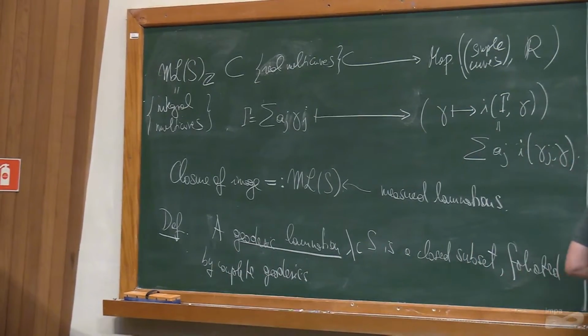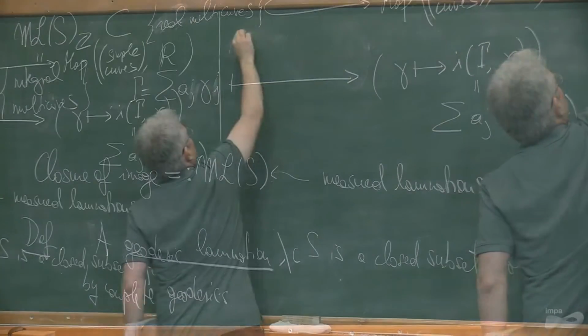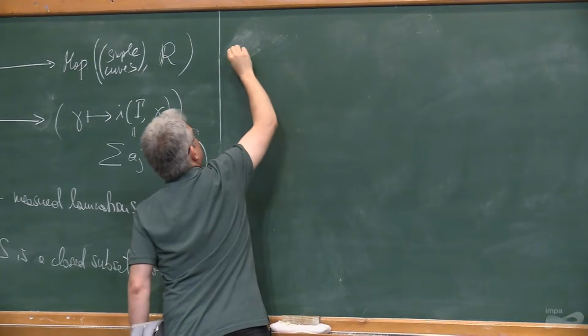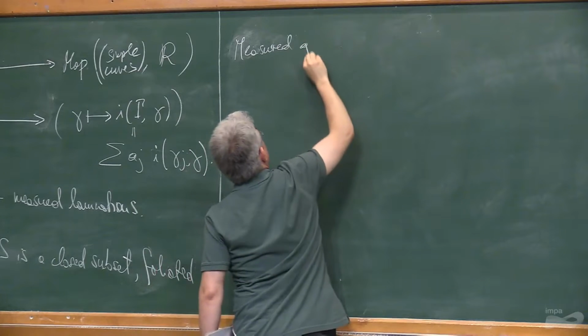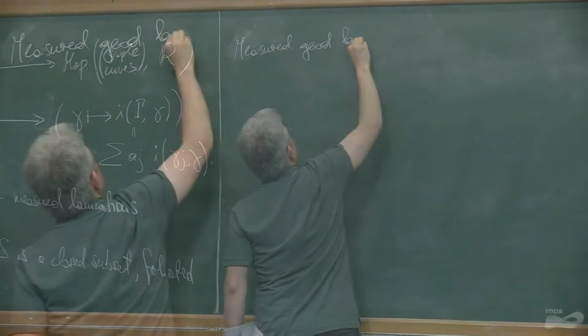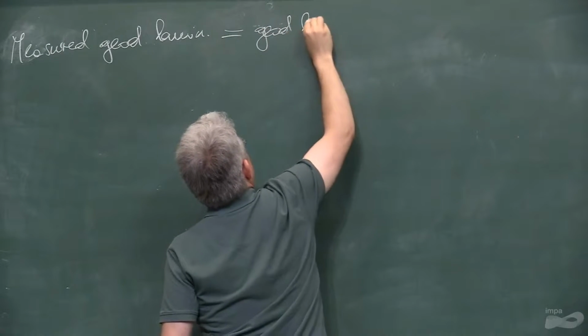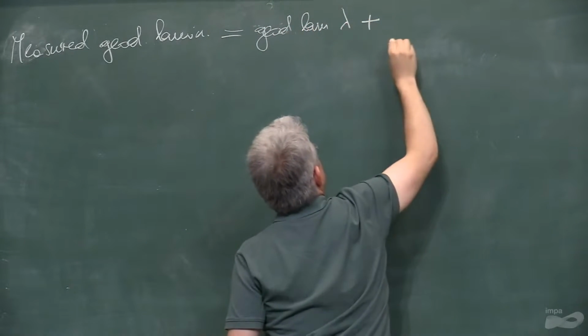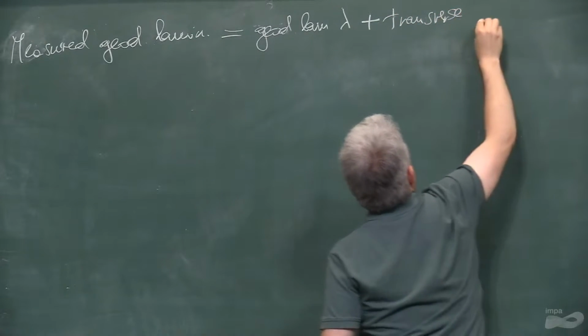And measured geodesic lamination means that you have a transverse measure. So you can assign a number to every transverse arc. So a measured geodesic lamination is a geodesic lamination plus a transverse measure.